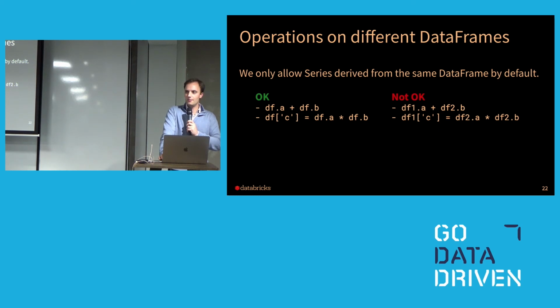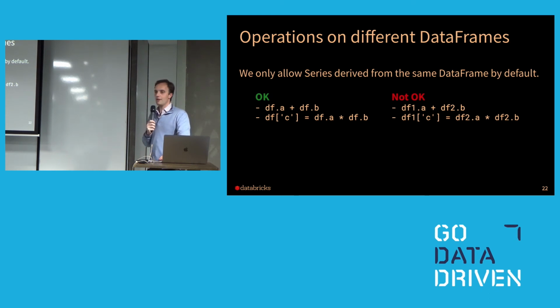There are some differences due to performance, and this is typically due to how Pandas is very flexible in how you can combine the data in its API. For example, if we take two series coming from the same data frame, and we add them to the same data frame, this is totally good to go in Pandas, and also in Koalas and Spark.